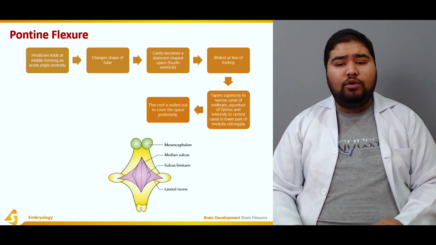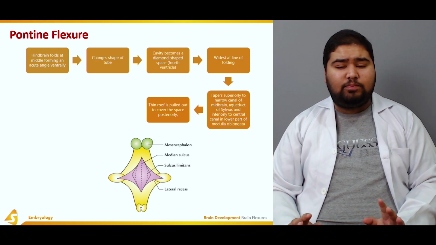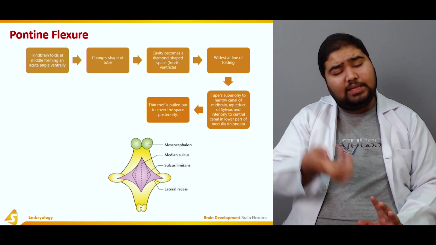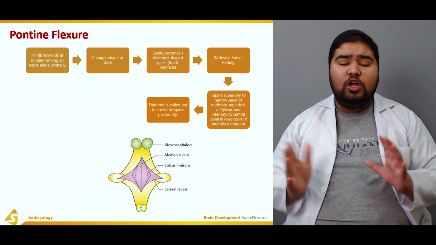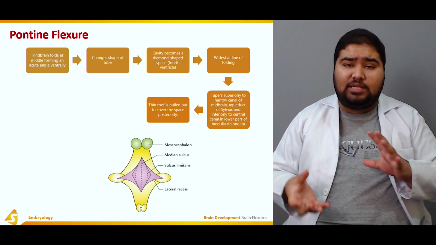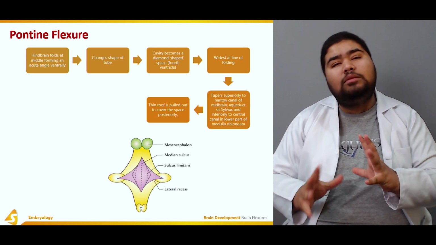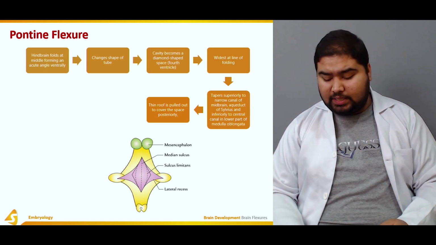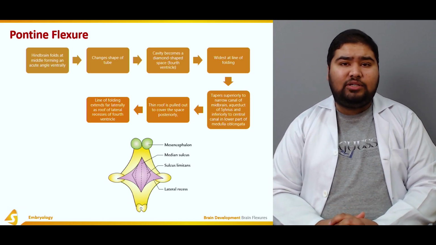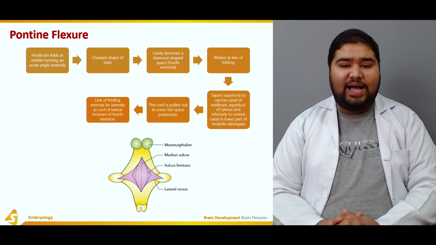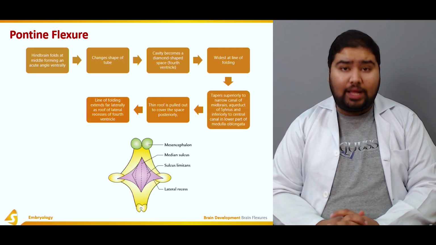So the central canal of the medulla oblongata is connected on its lower end. The thin roof is pulled out to cover the space posteriorly. This tube is also being pulled posteriorly from the roof. So it's a three-dimensional orientation, a little difficult to imagine, but if you keep up with me, you'll be able to understand it. Now, the line of folding extends far laterally as the roof of the lateral recess of the fourth ventricle.